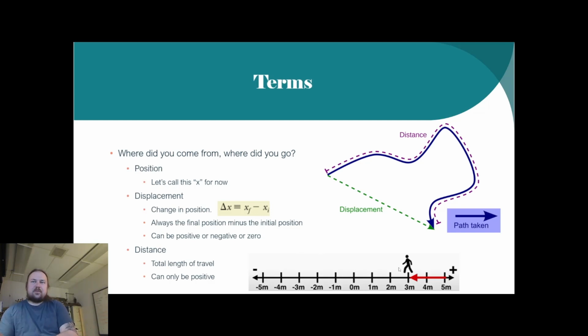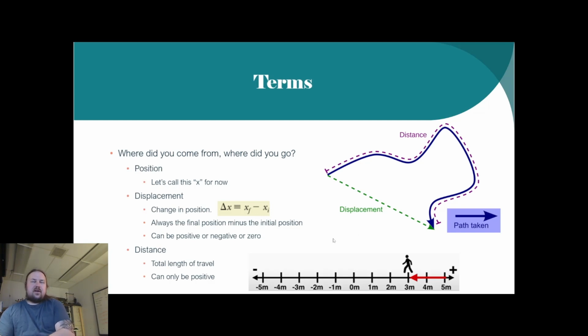So for instance, this person, Stickman here, started at 5 meters and walked over to 3 meters. So this displacement would be negative because they ended at 3 and began at 5. So 3 minus 5 would give you a negative 2. So this little pictorial displacement would be negative 2 meters, the change in position or the displacement. Okay, so hopefully that makes okay sense that that's your displacement.